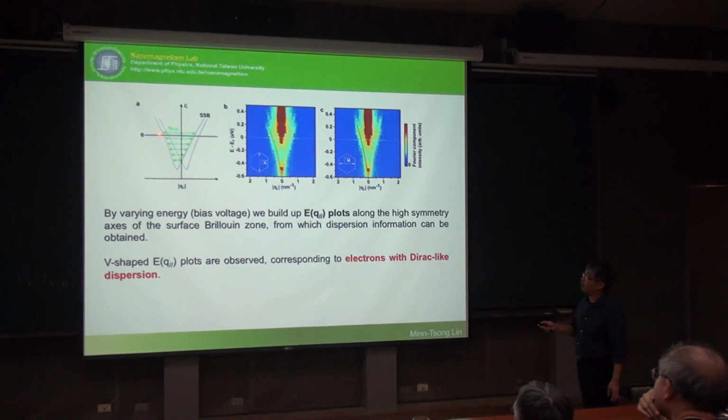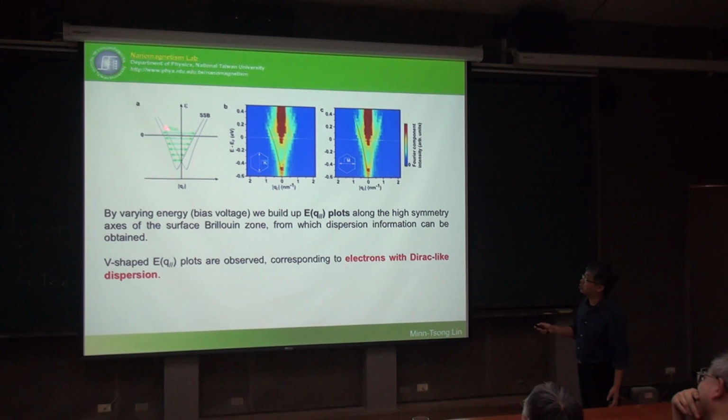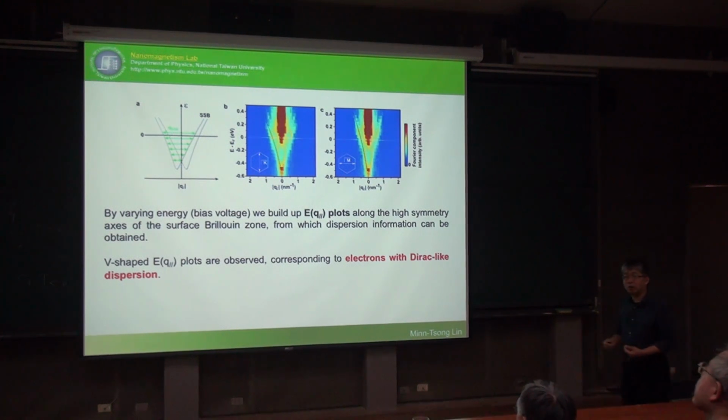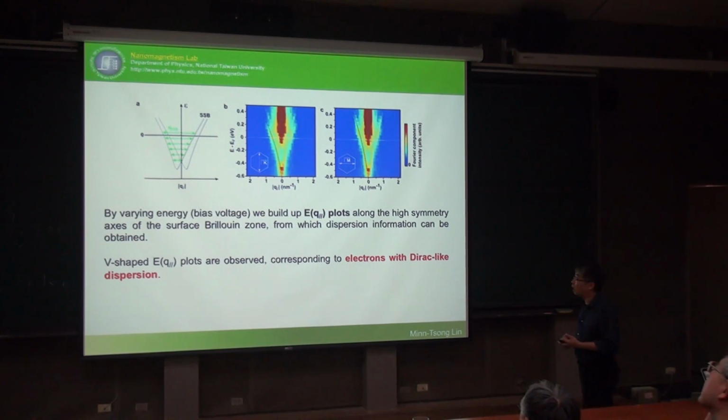The scattering only happens from this band to this band, as proposed. Basically, we call this Q, and this is K, for example. That means we can find the Q span as a function of energy, representing the interference wave vector. So you can get the information of the band structure here in the microscopy.